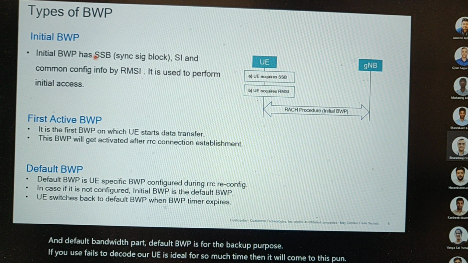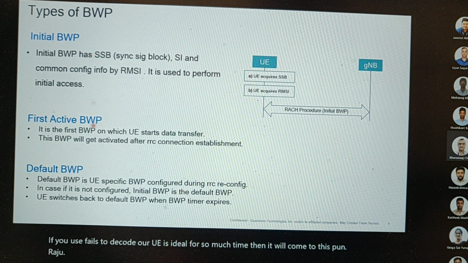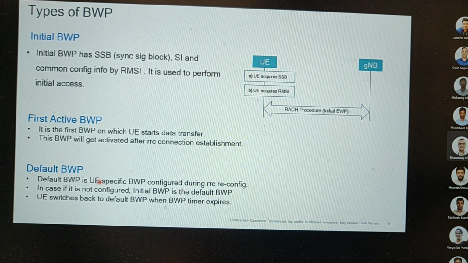After the idle, whatever you said, the UE is idle for some time and then has some data to be sent to the network. Then the RACH has to go, obviously, to send RRC resume or RRC connection request or RRC setup request. That will happen on the default BWP or the initial BWP.